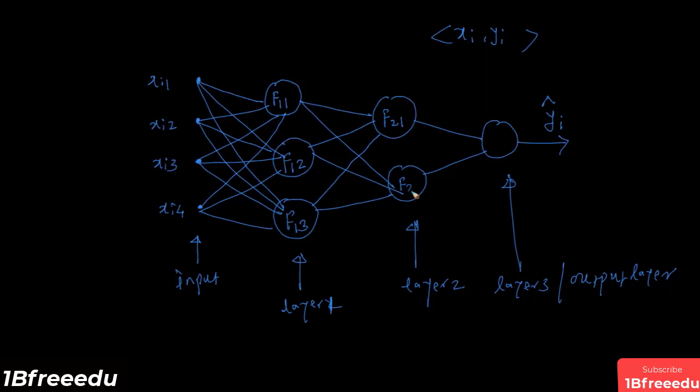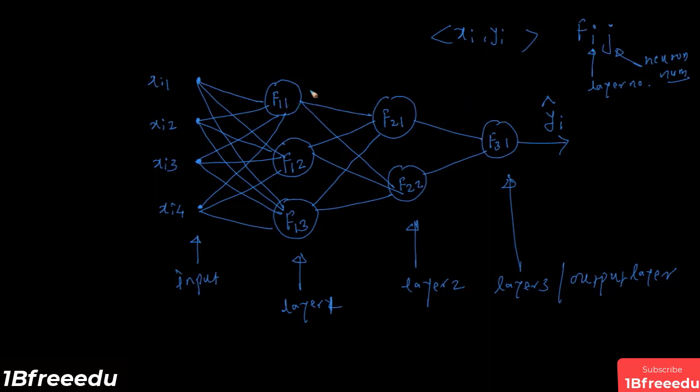This is second layer, second neuron. This is third layer, first neuron. So the representation for the function, or this neuron unit, is like this: fij. This is the layer number, and this is the neuron number from the top. That is how we can represent a function or neuron.